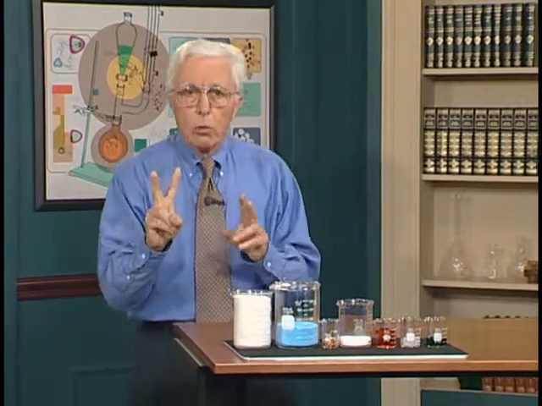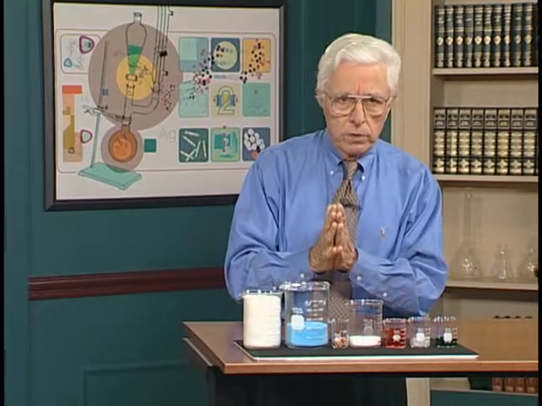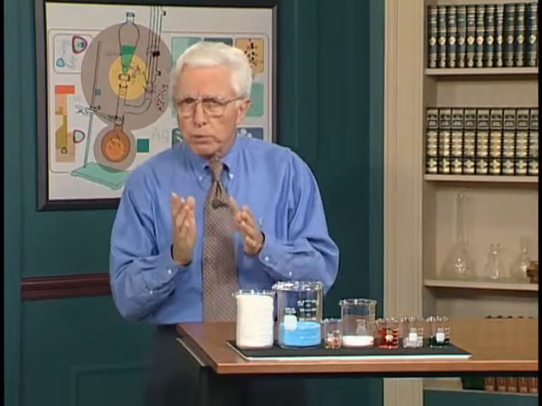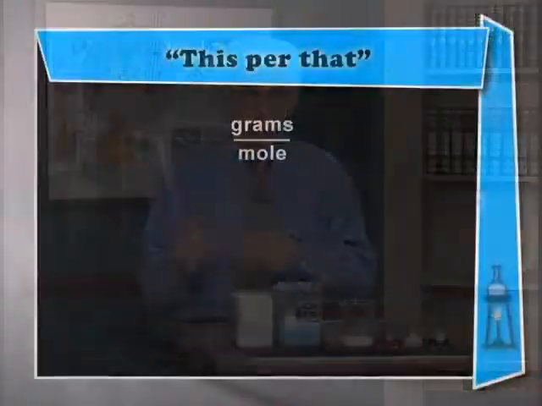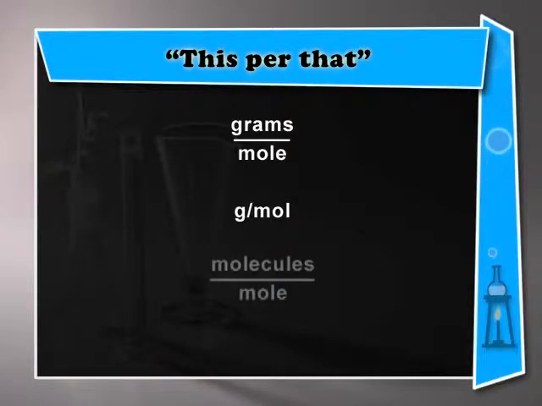There's basically only 2. There's what we call the molar mass of a substance, expressed in units of grams per mole. It might be written this way, but more commonly it's written this way. This tells us what a mole of something weighs. The other this per that is what we call molecules per mole. How many molecules are contained in 1 mole?